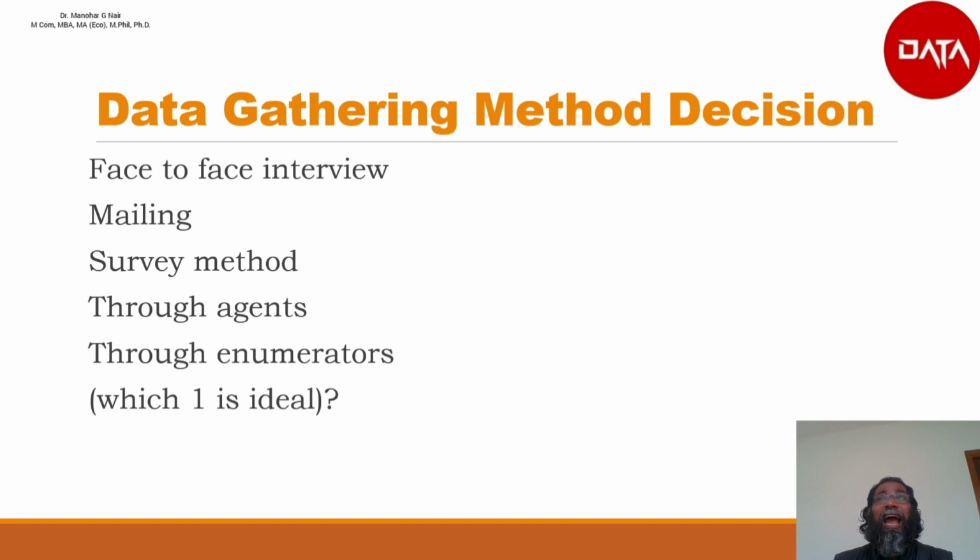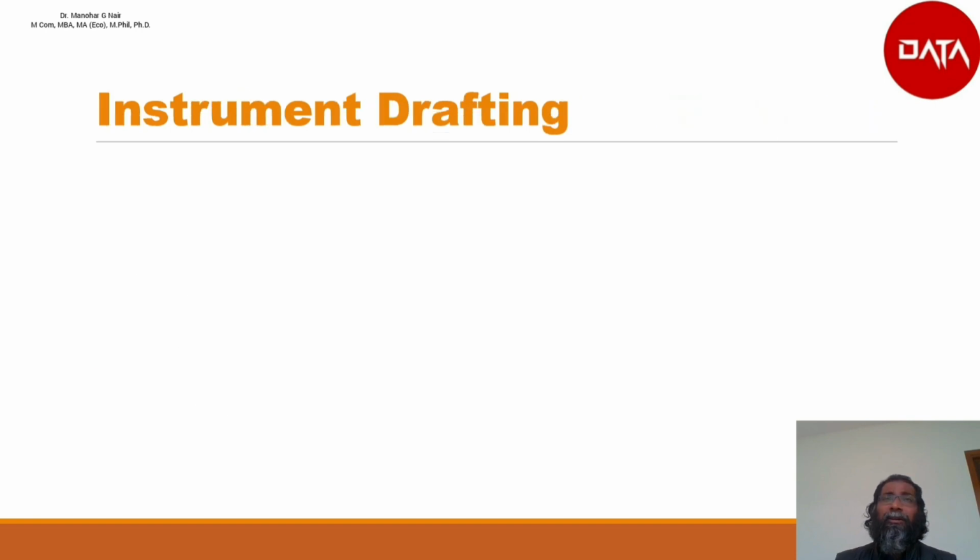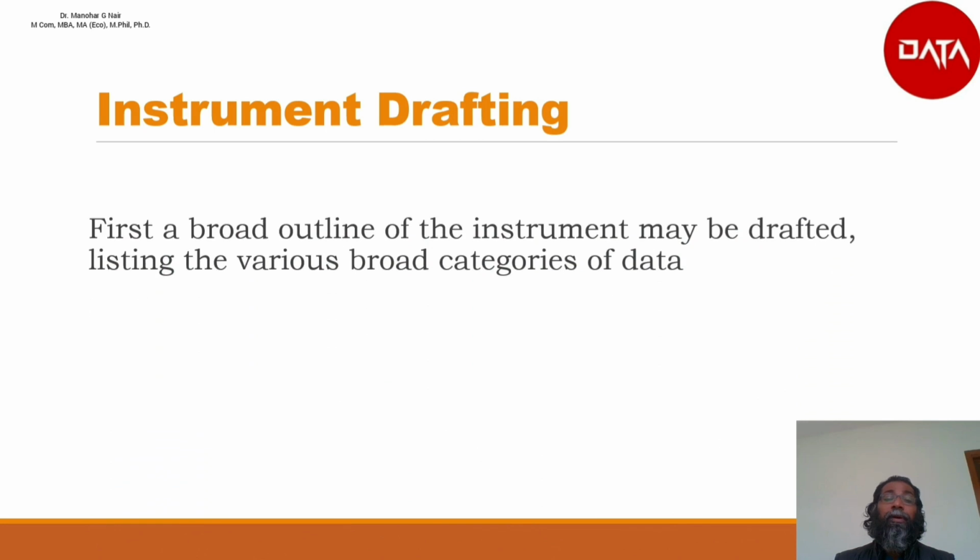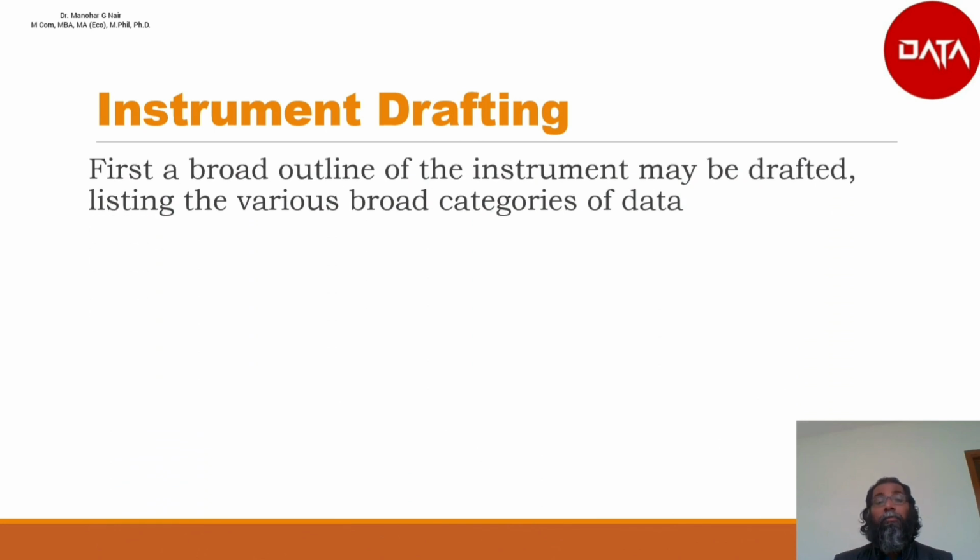Which one is ideal for his study must be decided by the researcher, and based on that the schedule has to be drafted. While drafting the instrument, the researcher must set a broader outline of the instrument, which should contain all the broad variables and the categories of items, and the pattern of data also has to be kept in mind.